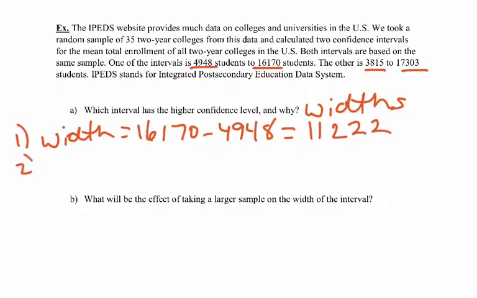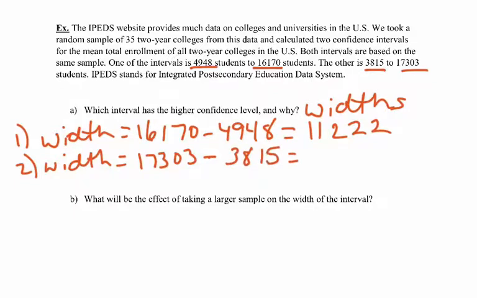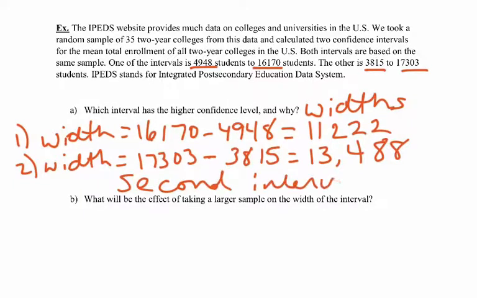For the second one, 17,303 take away 3815, and the width I'm getting for that one is 13,488. So which one has a larger width? That would be the second interval. So the second interval will have a higher confidence simply because it's got a larger width. That's the easiest way to look at it.